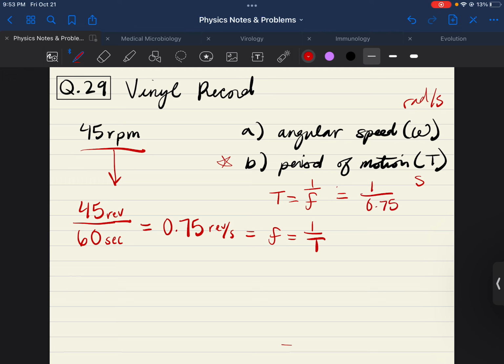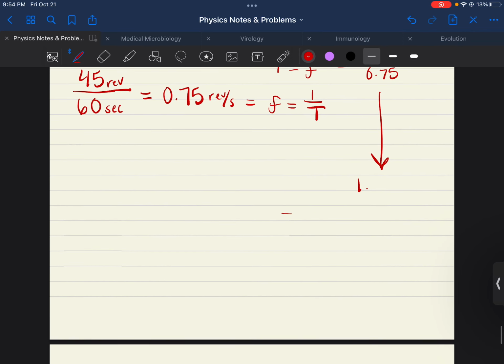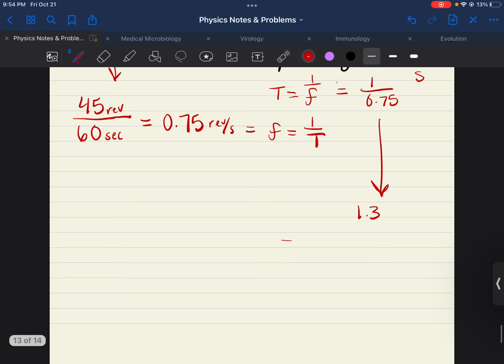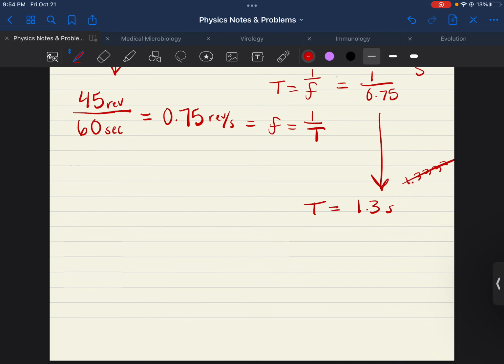And what you get when you divide 1 by 0.75 is about 1.3 seconds. Now, it's not actually 1.3, it's actually 1.333, but significant figures and also rounding, so we're not going to write out too many threes. So yeah, quick and easy. Our period is 1.3 seconds.